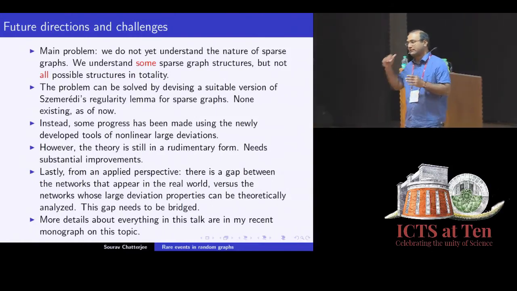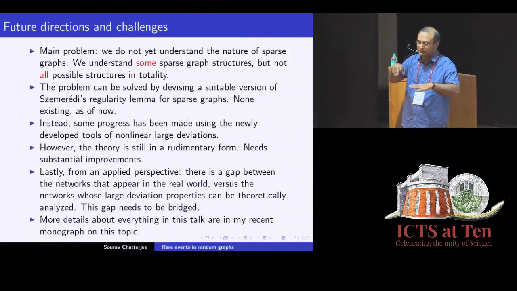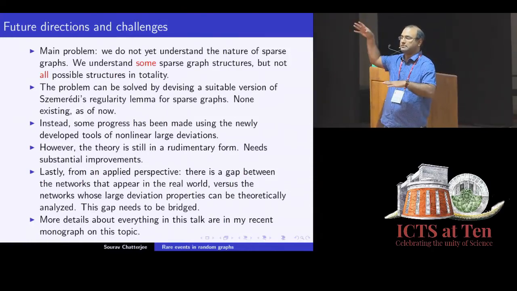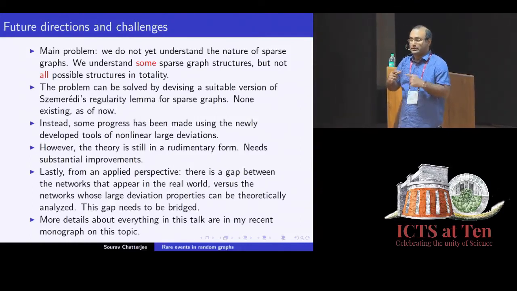So the first instinct of a statistical physicist for this problem would be to build a model where you have e to the beta times the number of triangles and so on. But that will not work because you see a jump. As you increase your parameters, the number of triangles will increase. So you have an equivalence of ensembles, but then you have a jump. Then you have a first order phase transition.